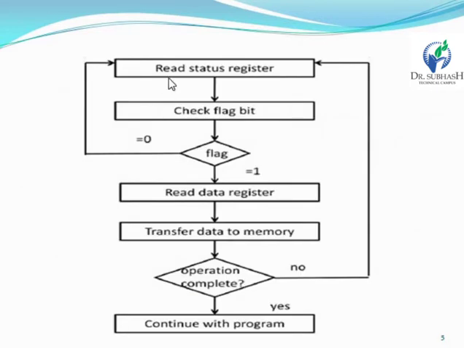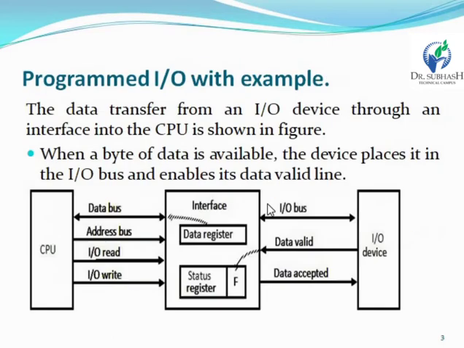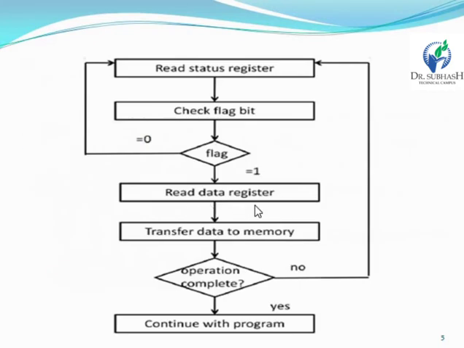First of all, read the status register. Check the flag bit. If the flag bit is 0, then read the status again, only the read operation is performed. If the flag bit is 1, read the data register. It means the data register operation is performed, reading the data of the register.